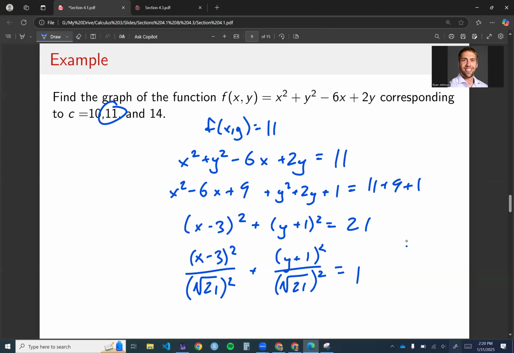But this is also, I think we talked about things that look like this. Remember we did our shapes, our different shapes thing towards the end of the first part of chapter 2. Do you remember what this might look like? It's not a cylinder.